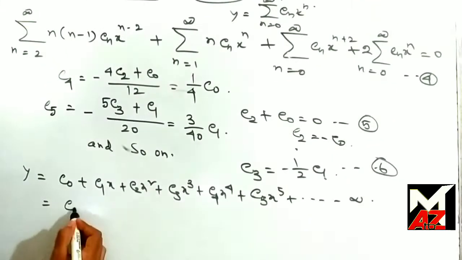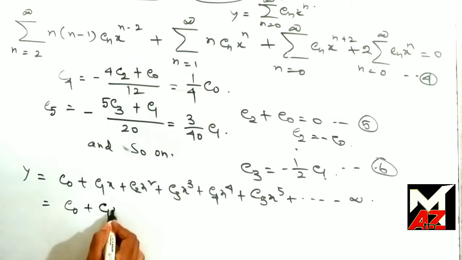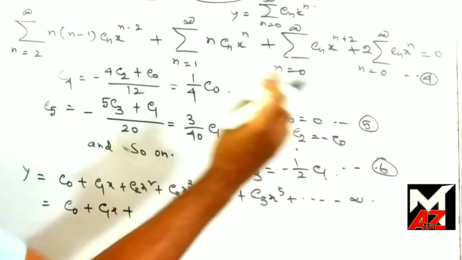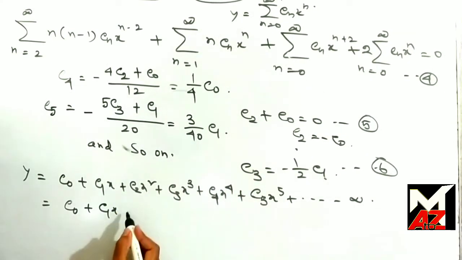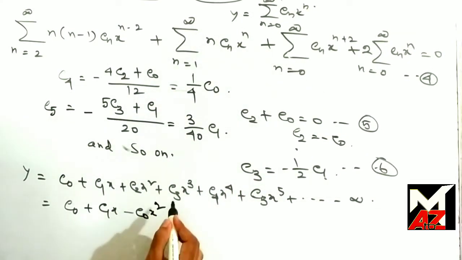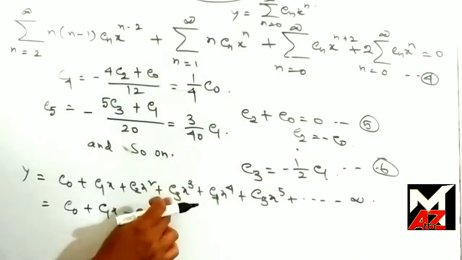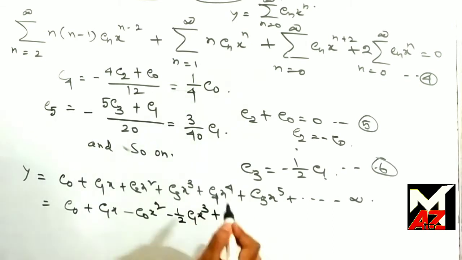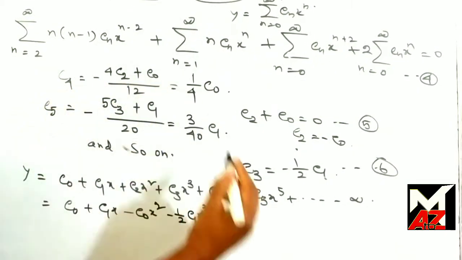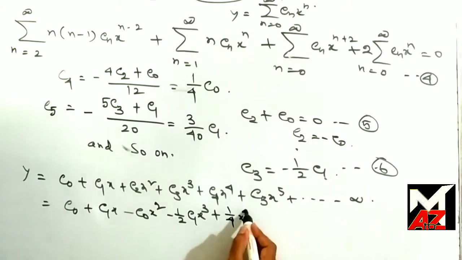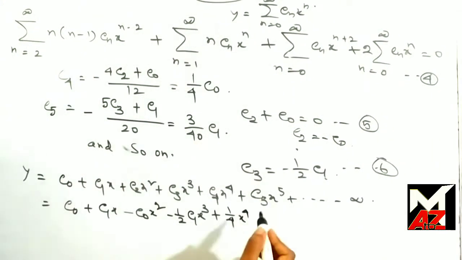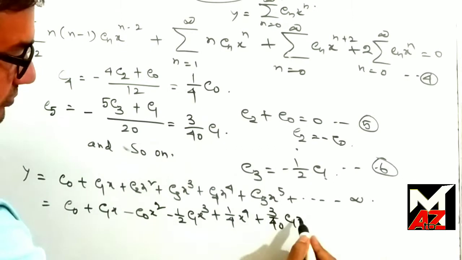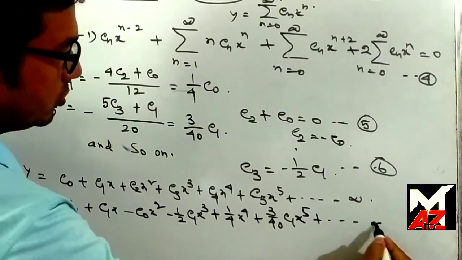So C0 plus C1x plus, here we put C2, the value of C2 is minus C0 x square, and value of C3 is minus half C1 x cube, plus C4 is 1/4 x to the power 4, C5 is 3 by 40 into C1 x to the power 5 to infinity.